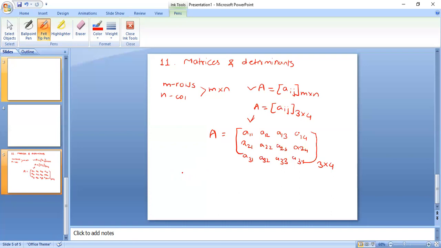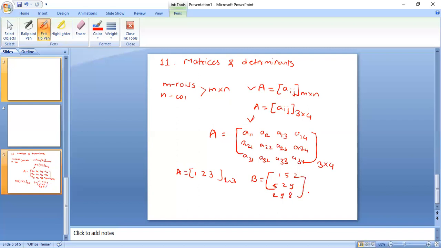So for examples, we will take A equals to 1 2 3, which is a matrix with 1 row and 3 columns. A has the order 1 into 3. So next we will see B equals to 1 5 2, 5 2 9 and 2 9 8.